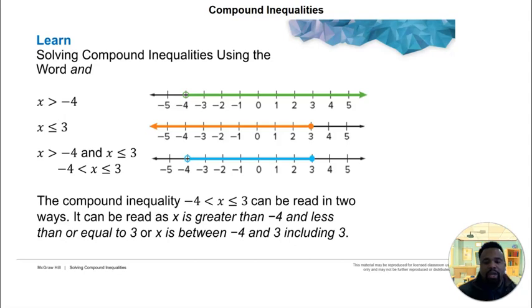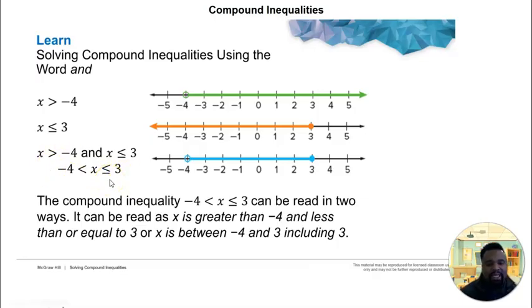Less than or equal to means all numbers less than 3, including 3, are part of the solution, so it's a closed circle on 3 going to the left. So if we have x is greater than -4 and x is less than or equal to 3, another way we can rewrite that is x is greater than -4 and less than or equal to 3. So you'll either see it with the word "and," or like this as a compound inequality.